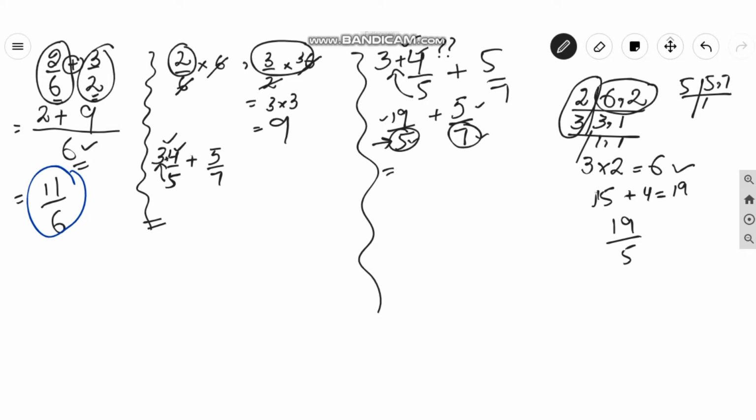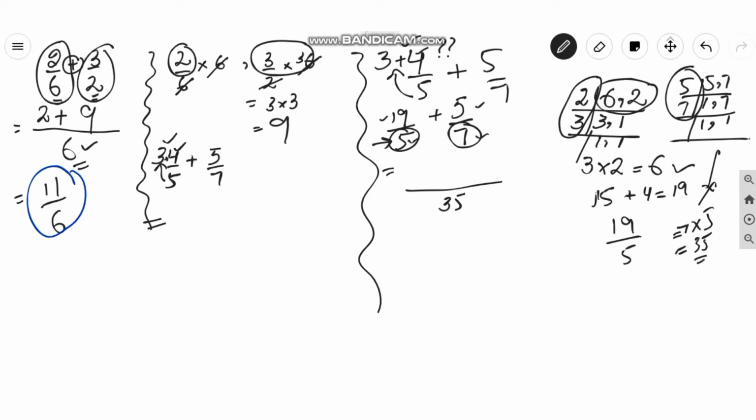It gives you 5 ones are 5, 7 ones are 7, so multiply these two factors. 7 multiply 5, it becomes 35. So here make a line and write 35.